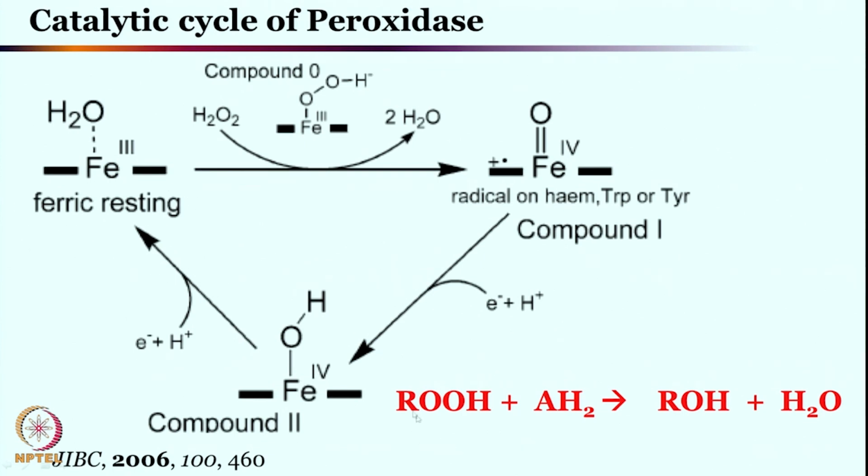So, overall, as we discussed, if it is hydrogen peroxide, then it will end up giving 2 equivalents of water. If it is alkyl hydroperoxide, it will end up giving 1 equivalent of alcohol and another equivalent of water.